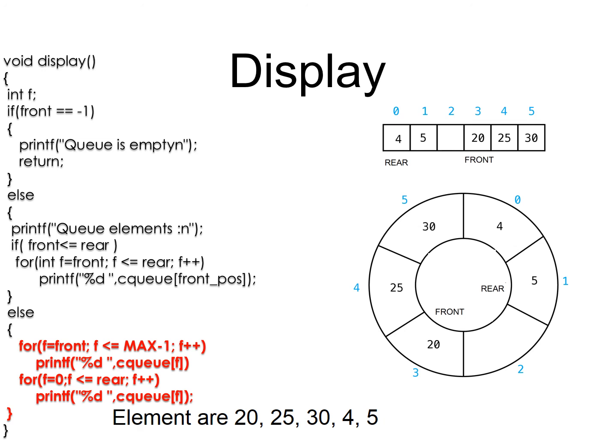So starting from the first position onwards till the rear position I have to print. So f is equal to 0, f is less than or equal to rear, f plus plus. I will start printing the 0th position and first position. So now according to this, what is the first element? 20 is the first element. What is the last element? 5 is the last element. It will print 20, 25, 30, 4, 5.